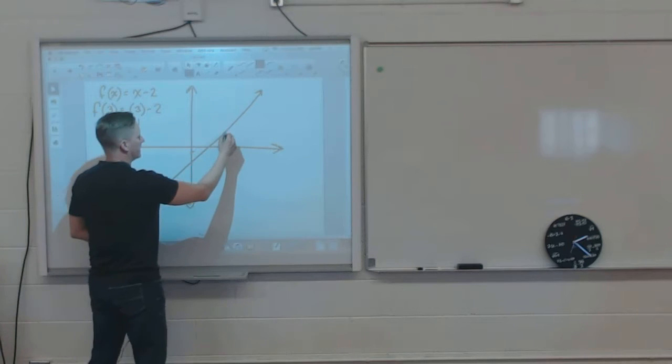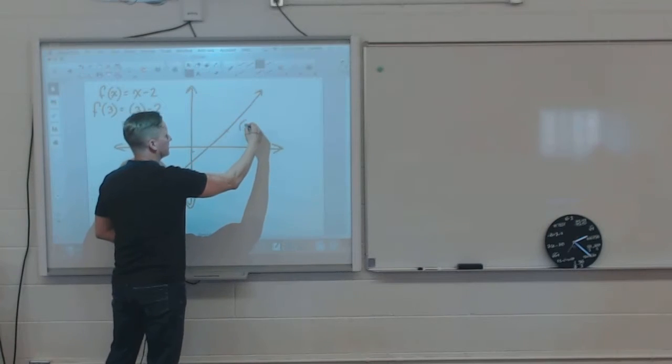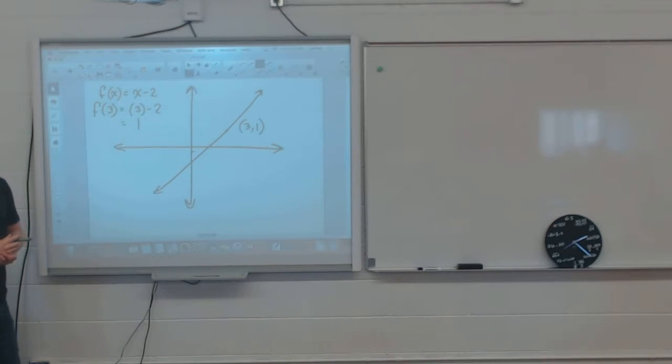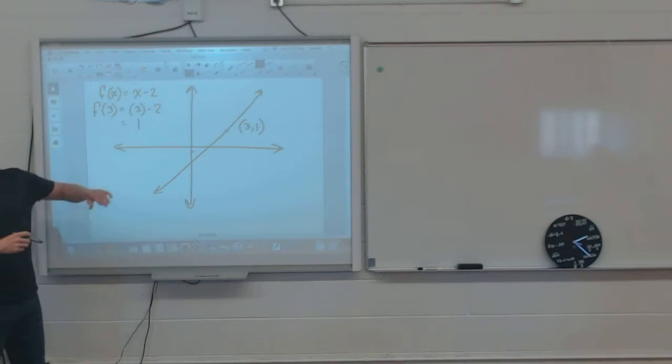And so that coordinate would be right there. Okay, so we have to get this part down.